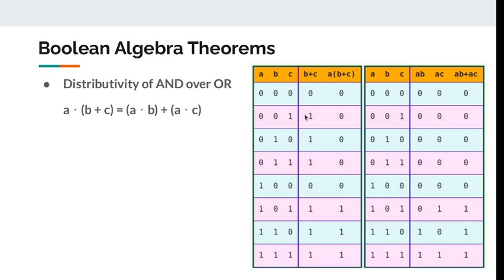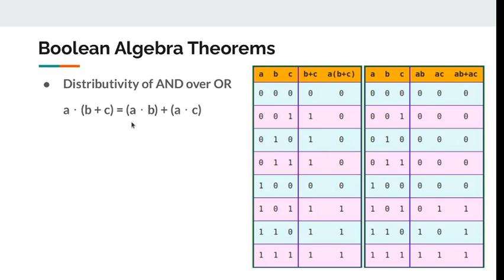So that's B or C. And when we do the rest of the operation, A and (B or C), we check here: 0 and 0 is 0, 0 and 1 is 0, 0 and 1 is 0, 0 and 1 is 0, 1 and 0 is 0, 1 and 1 is 1, 1 and 1 is 1, 1 and 1 again is 1. So this is A and (B or C).